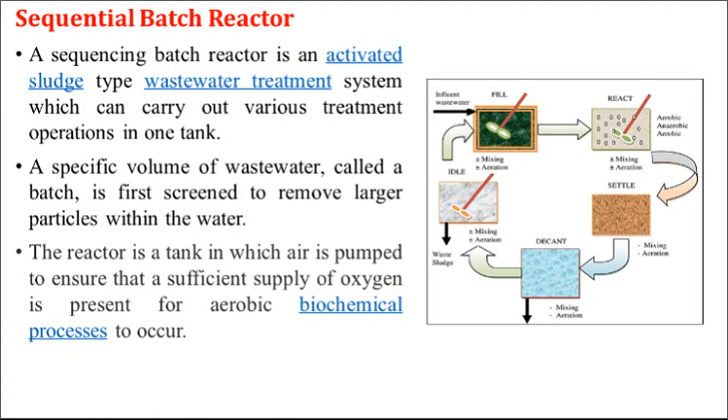A specific volume of wastewater called a batch is first screened to remove the large particles within the wastewater. The reactor is a tank in which air is pumped to ensure that a sufficient supply of oxygen is present for the aerobic biochemical process to occur.